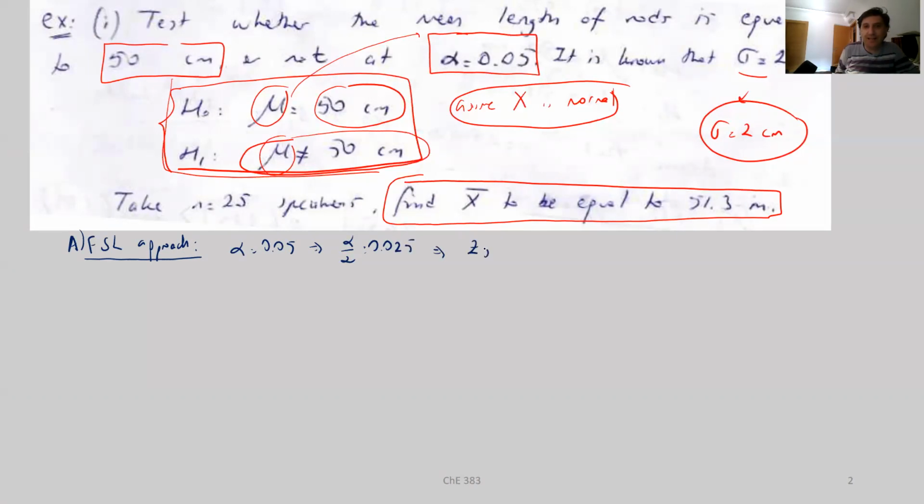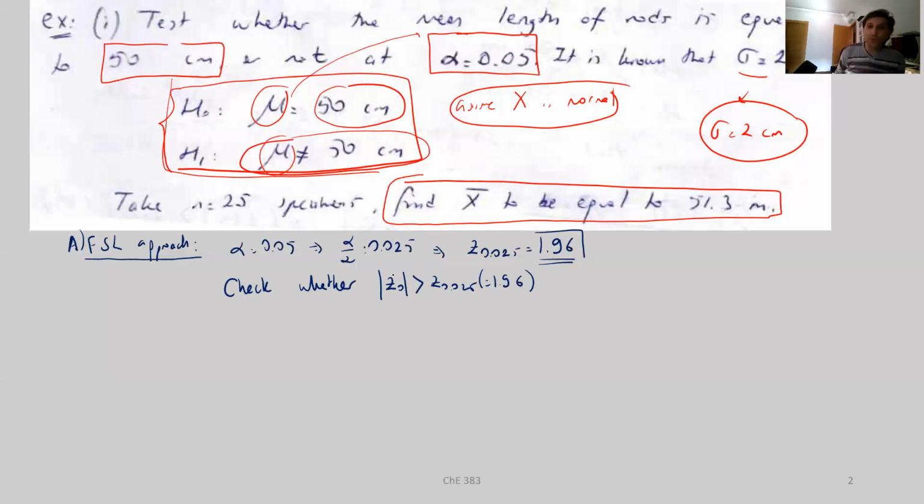Then I need the z value of 0.025. If you check in your textbook, it's going to be 1.96. This 1.96 is going to be the upper critical value, and minus 1.96 is going to be the lower critical value. So we are going to check whether the absolute value of our test statistic Z0 is greater than Z0.025, which is equal to 1.96, or not.